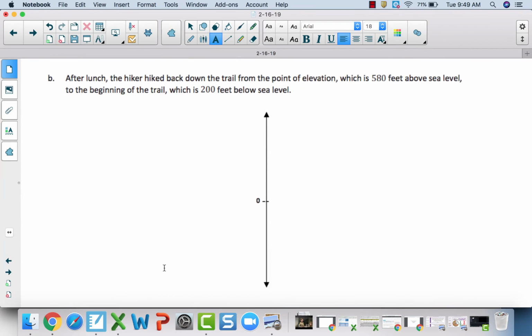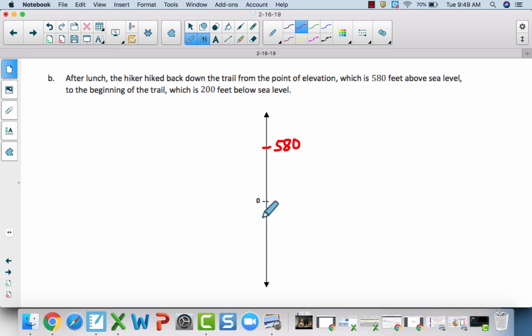Part B. After lunch, the hiker hiked back down the trail from a point of elevation which is 580 feet above sea level. So let me mark that maybe about here. It's above sea level, so I went above 0. So that's going to be 580. To the beginning of the trail, which is 200 feet below sea level.